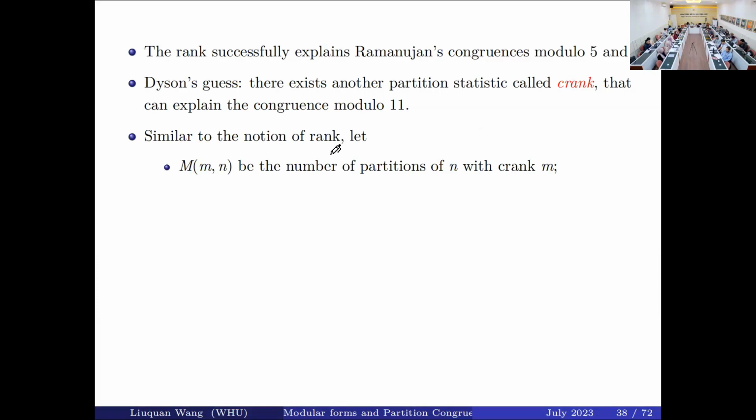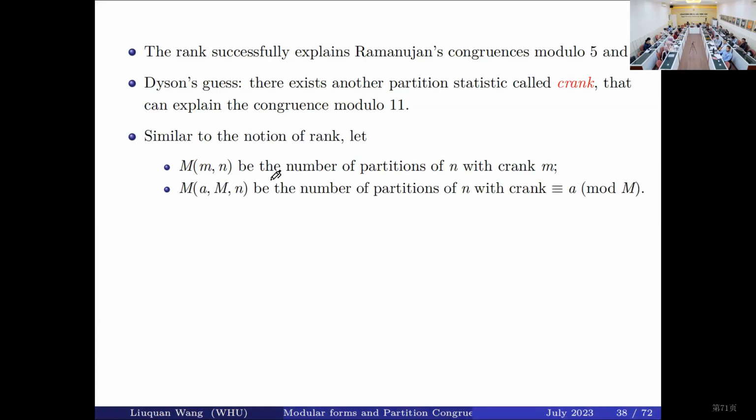And similar to the notion of rank, we use capital M(m,n) to be the number of partitions of n with crank m, and we use capital M(a,M,n) to be the number of partitions of n with crank congruent to a modulo M. So these are two counting functions with respect to the crank.